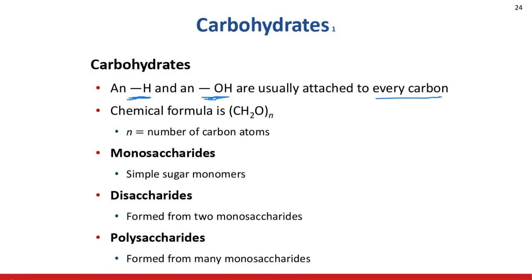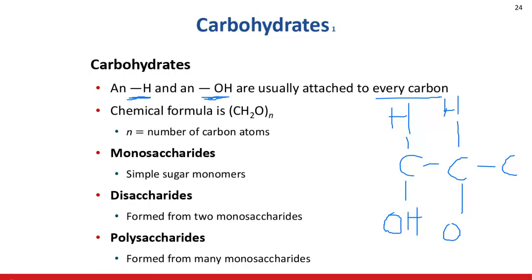So here's our carbon, and then it's attached to another carbon and attached to another carbon. Then you'll have a hydrogen attached to it, and then a hydroxide, or an OH group. And it changes in configuration quite a bit. You can have H and OH. You can have an OH up to the top.